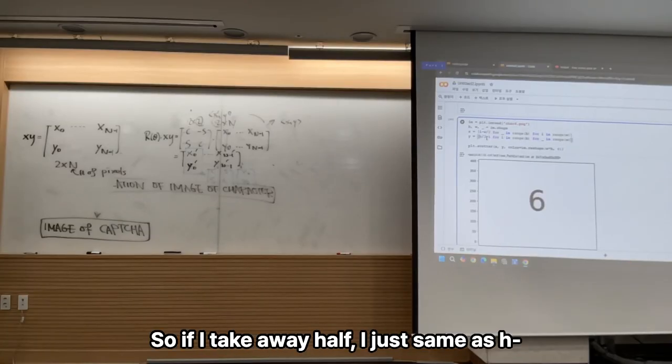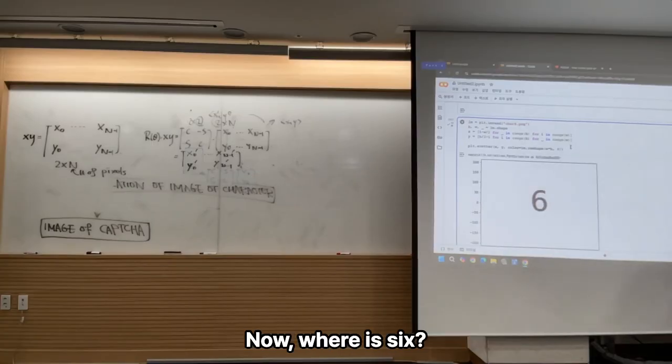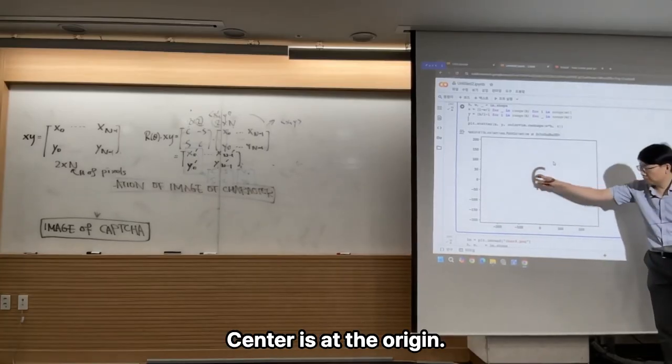So if I take away half, it's just same as half of h minus I. So let's draw this again. Now where is 6? You see where the 6 is. It's right at the center of origin. Center is at the origin.